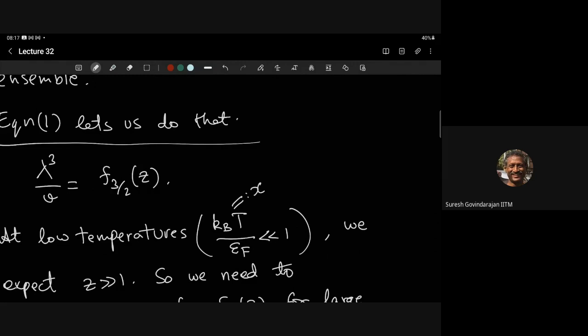All I'm saying is that Z is much greater than 1, so log Z is also much greater than 1. That's all.